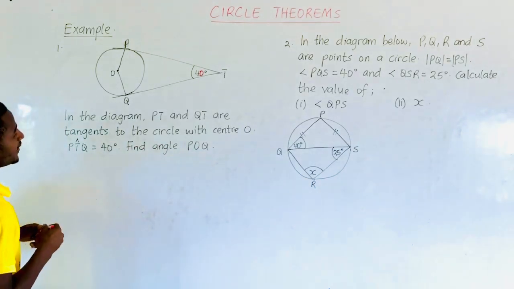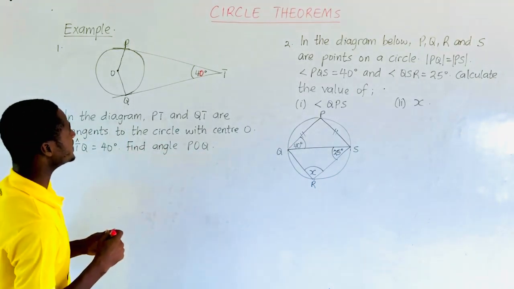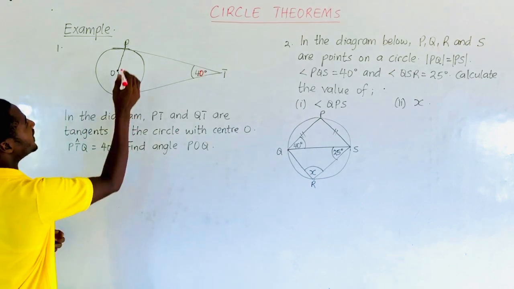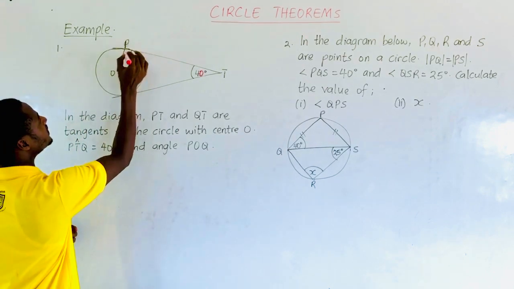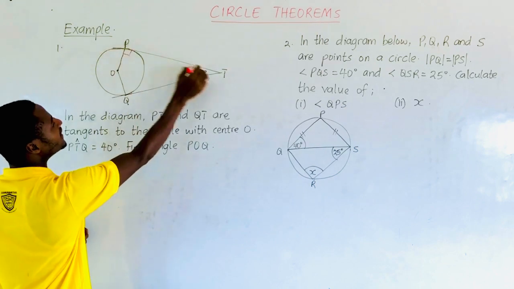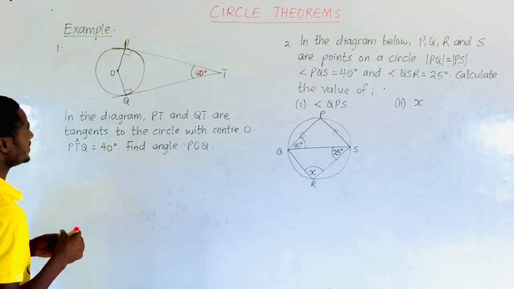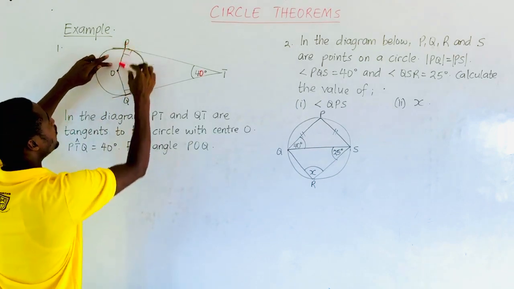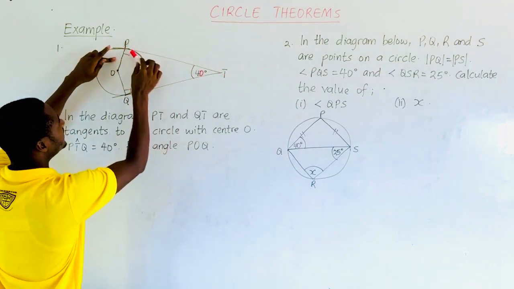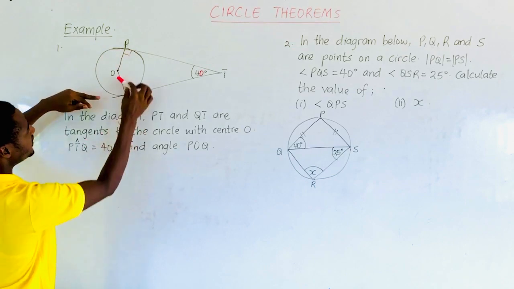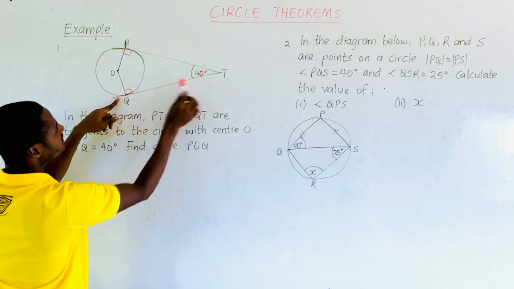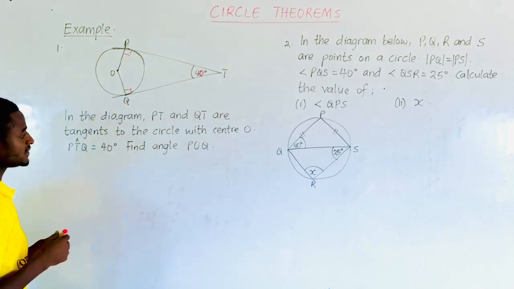Now, we have learned from the theorems of a circle that the angle that is formed when a radius and a tangent meet is equal to 90 degrees. So, radius OP meets tangent PT. The angle is 90 degrees. Radius OQ meets tangent QT, and the angle is 90 degrees.